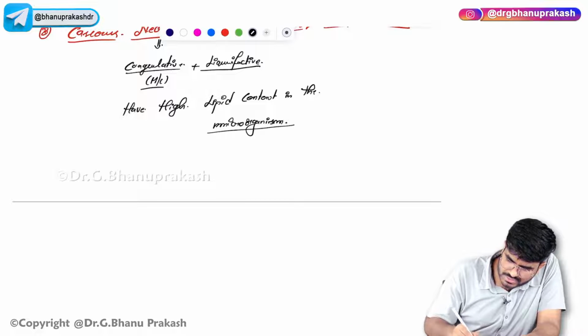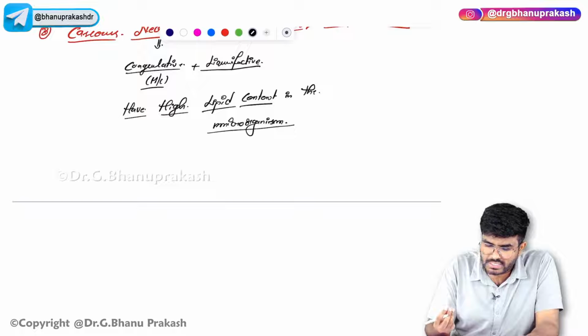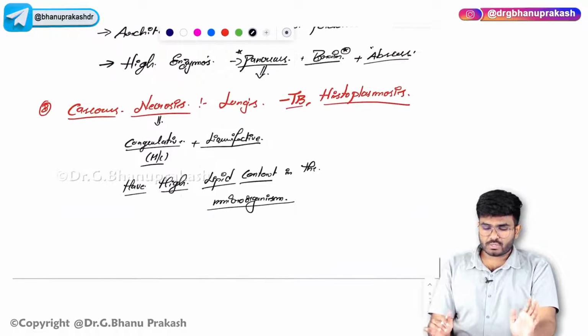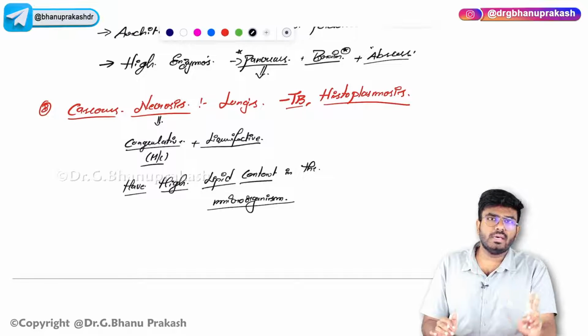So that's why after the death of the tissue, it's going to look like cheese. That is caseous necrosis. So caseous necrosis is only one thing, cheese-like necrosis seen in histoplasmosis, TB in the lungs.